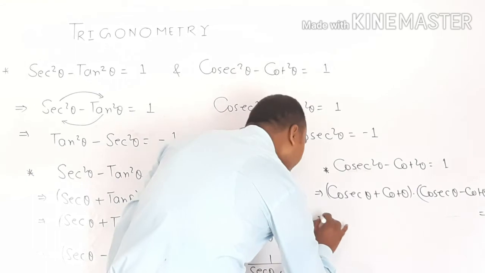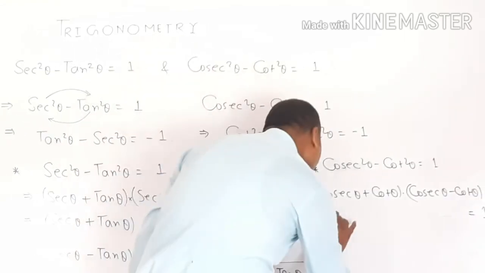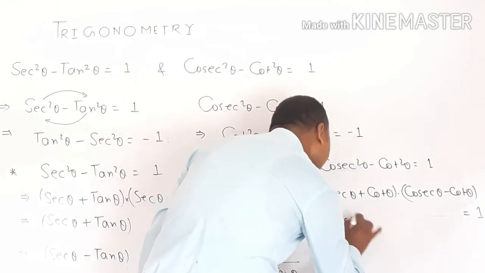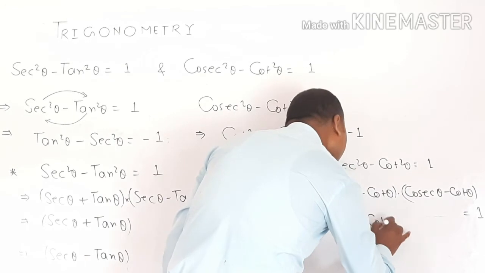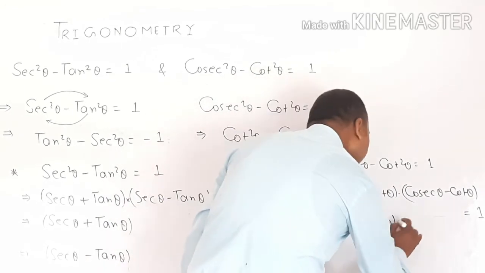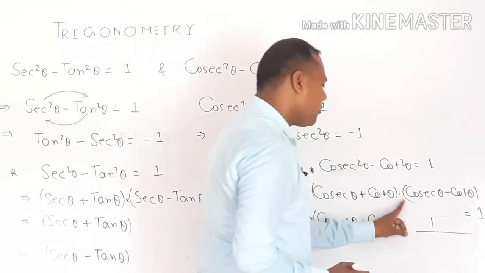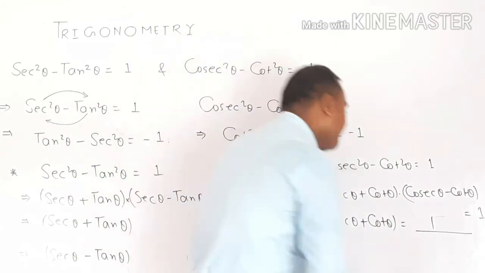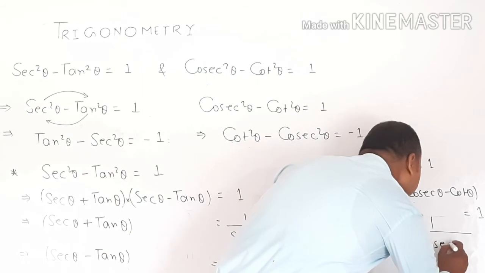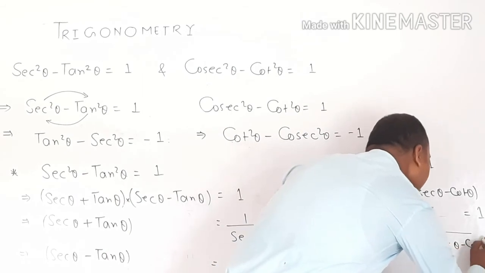Then we can also say that cosec of theta plus cot of theta will be equal to 1 upon this term, which goes into the denominator. That means cosec of theta minus cot theta.